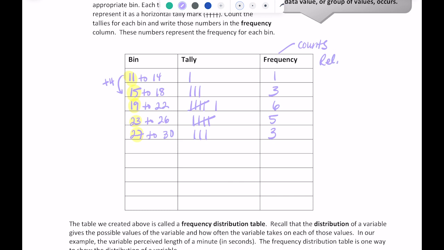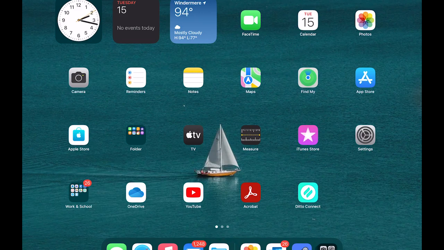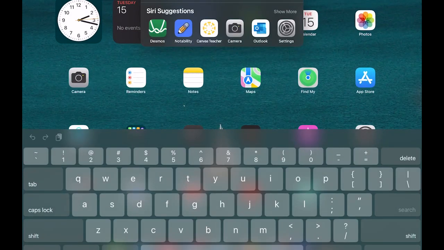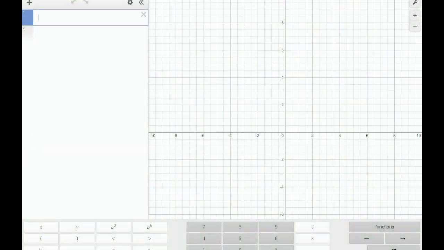So if I was to create another table here and add an extra column, my relative frequency would be 1 divided by 18, and I don't know what that is, but we can figure that out using Desmos.